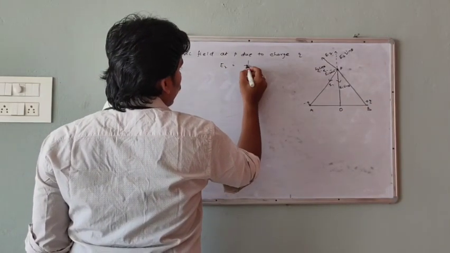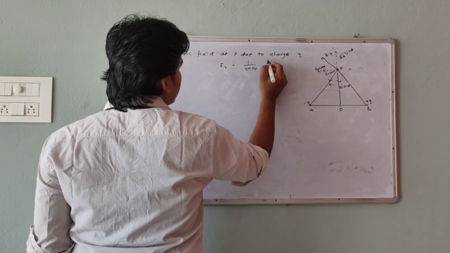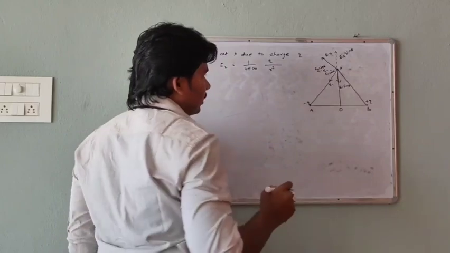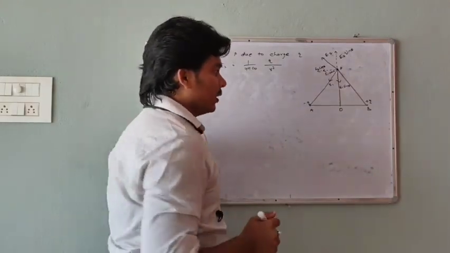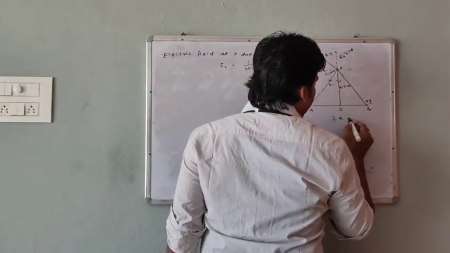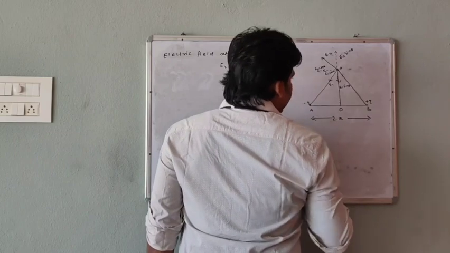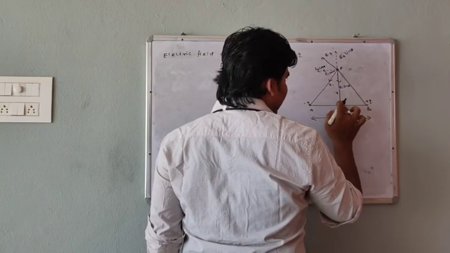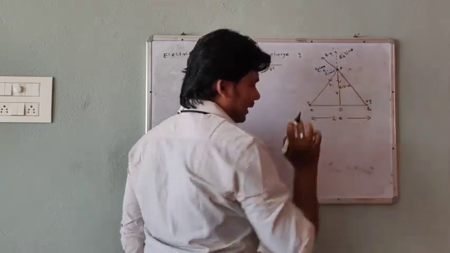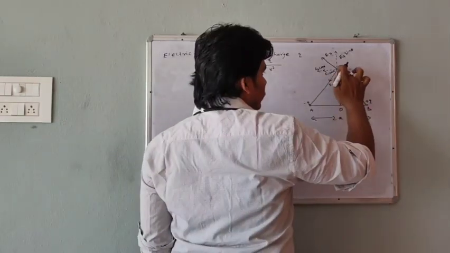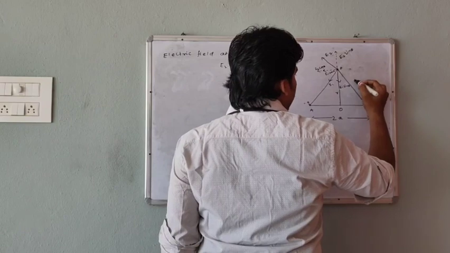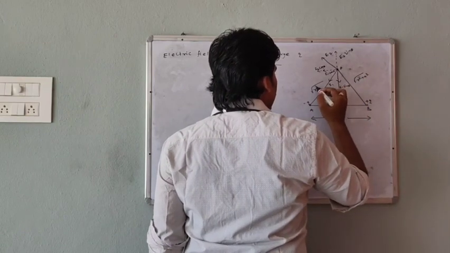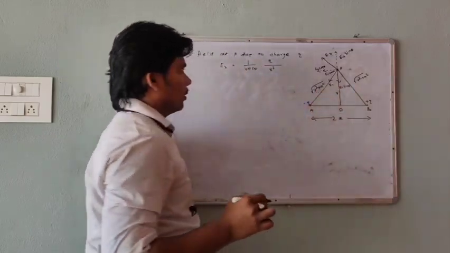E2 is 1 by 4 pi epsilon naught Q by r square. Actually, what is this r square here? This is the 2a. This is the distance r, because from the center to this point P I am taking r. That's why this will be root over r square plus a square. In the same way, this one is also root over r square plus a square.